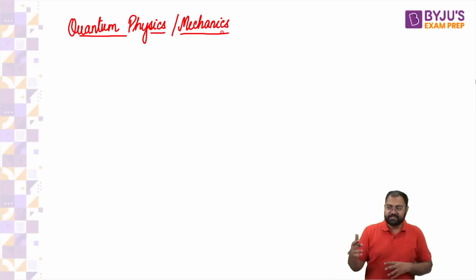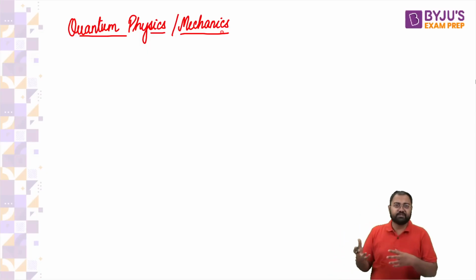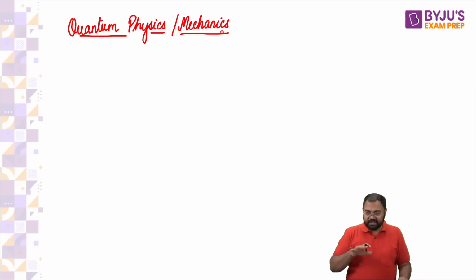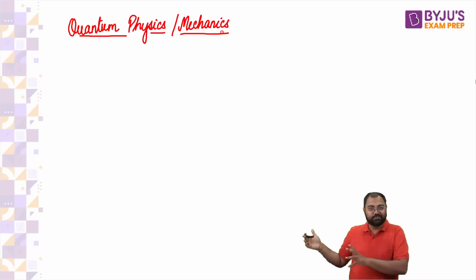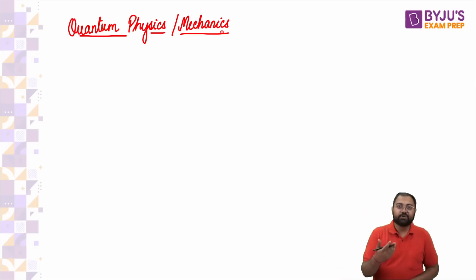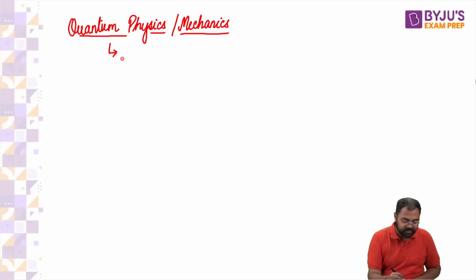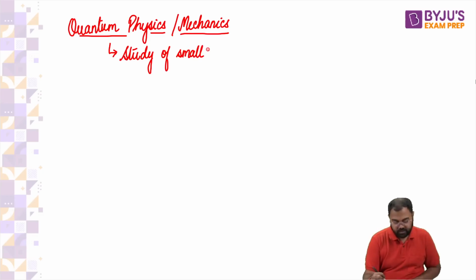When it comes to force, gravitation, etc., it's very different compared to what happens at the atomic level. There is a completely different set of principles that guide them, and that is what quantum physics or quantum mechanics is. So in a manner you can say that this is the study of small particles.